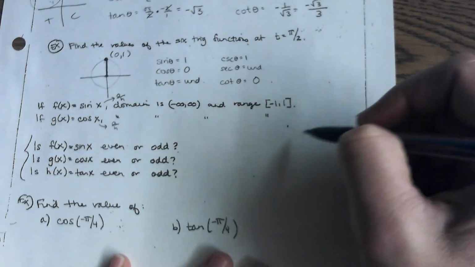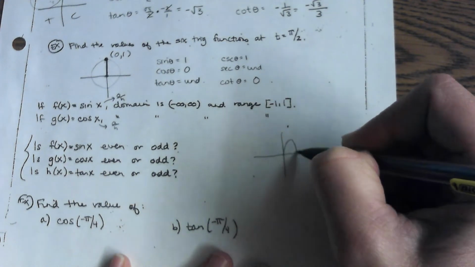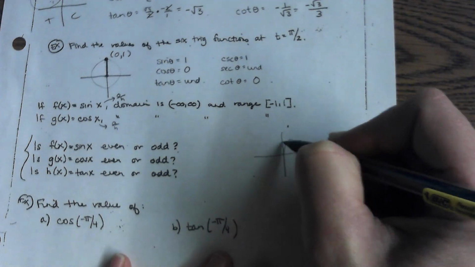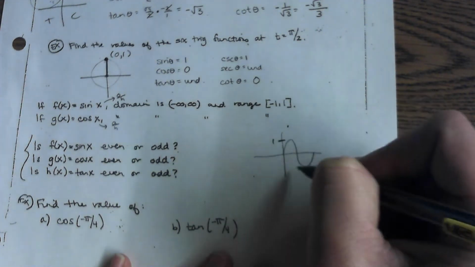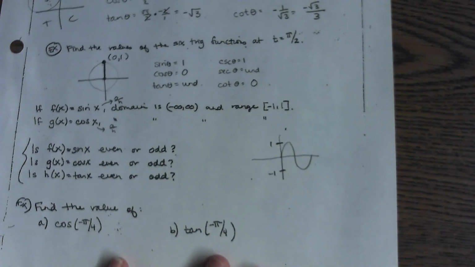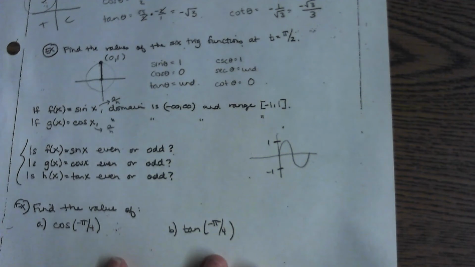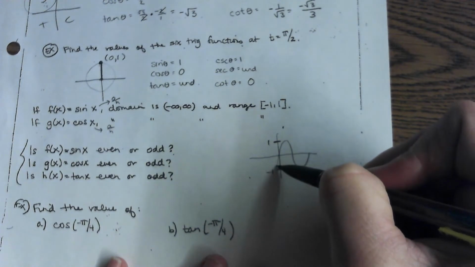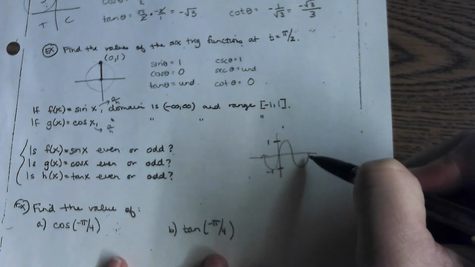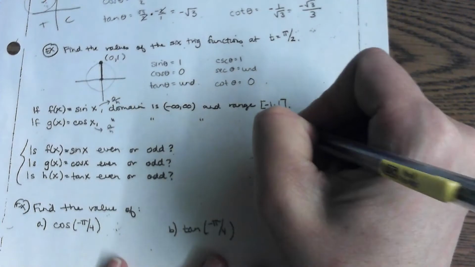also know that the sine curve starts at 0 and does this, right? And it oscillates back and forth between -1 and 1. Correct? And that obviously continues. That's your sine curve.